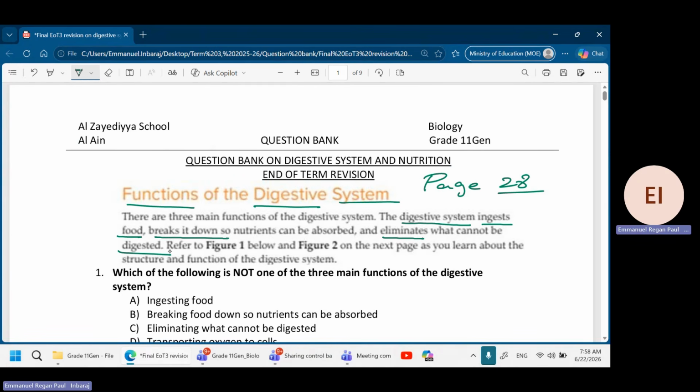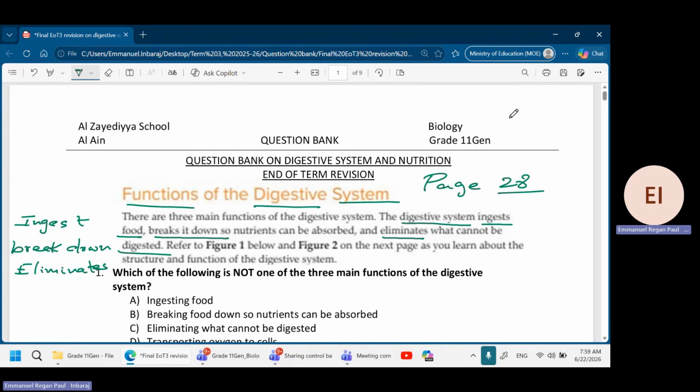One is to ingest, that means to take in food. Number two, to break it down, that means digestion. And number three, to eliminate, that means to remove the unnecessary or unwanted things that are not digested. So these are the three main functions of the digestive system.